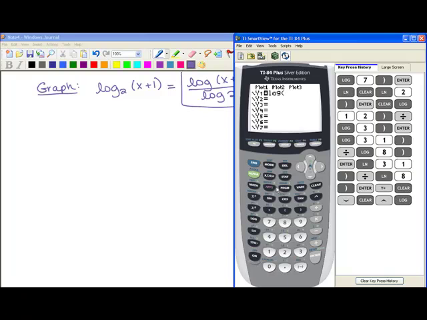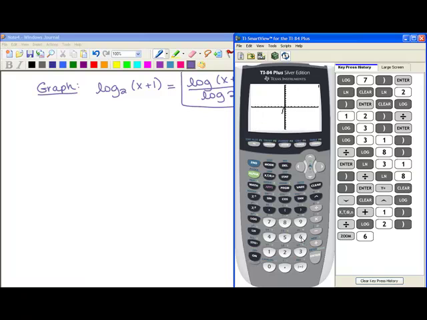So we have the log of x plus 1, close a parentheses, divided by the log of 2, and close a parentheses. Zoom number 6. Here's a look at the graph. The graph starts here and heads over to the right.